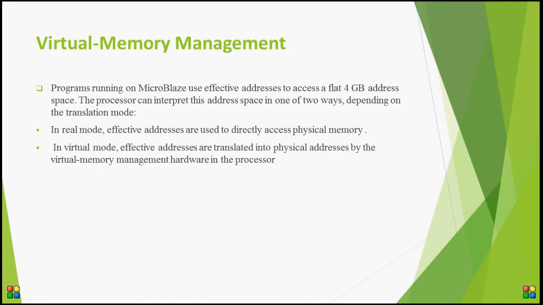Virtual memory management. Programs running on MicroBlaze use effective addresses to access a flat 4 GB address space. The processor can interpret this address space in one of 2 ways, depending on the translation mode. In real mode, effective addresses are used to directly access physical memory. In virtual mode, effective addresses are translated into physical addresses by the virtual memory management hardware in the processor.